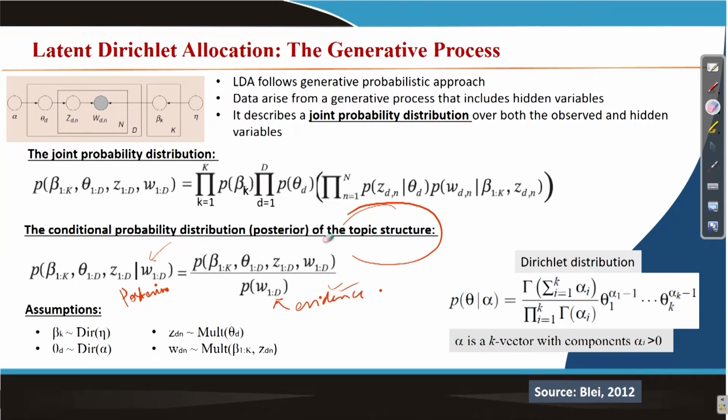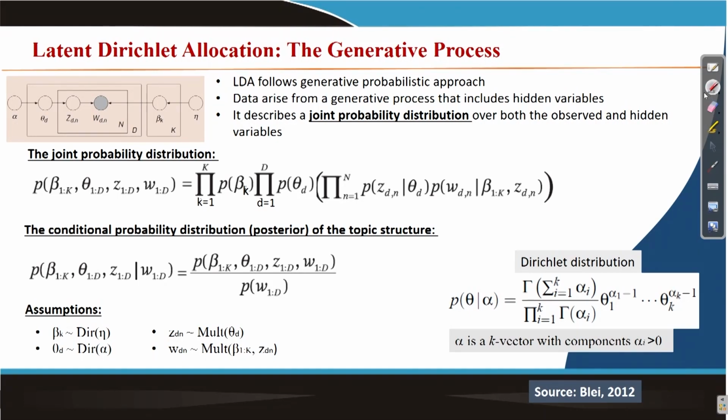Given the information, this joint part, as a combination of beta, theta, Z and W, given data you can compute. But P(W), the denominator part, is intractable, so it is difficult to compute straight away. So there are certain approaches which are used to do it.